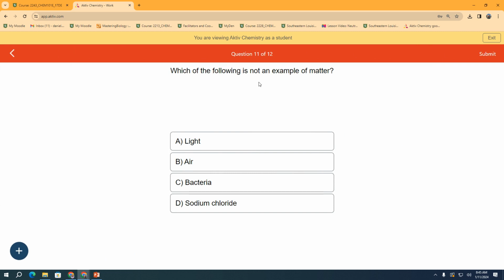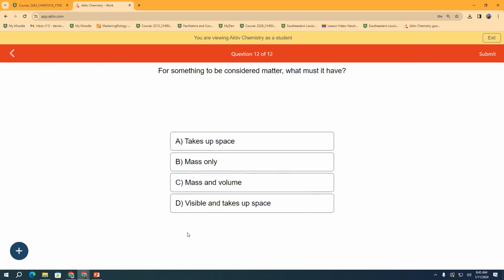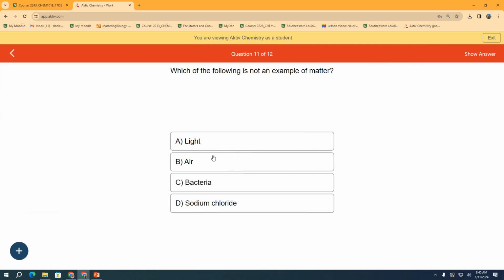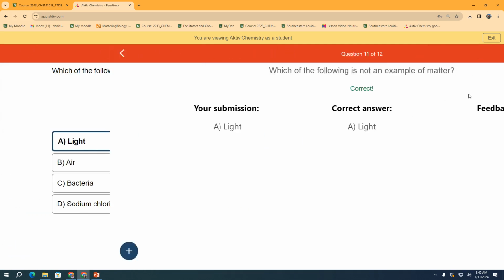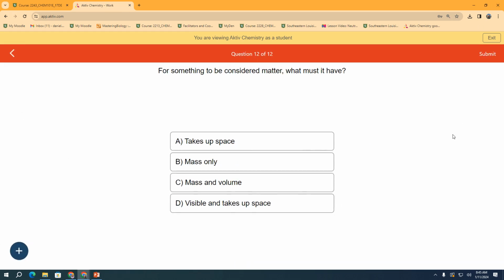Number 11, which of the following is not an example of matter? Light, because light is energy. And then number 12, for something to be considered matter, it must have mass and volume.